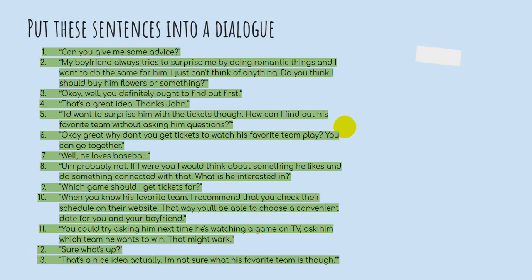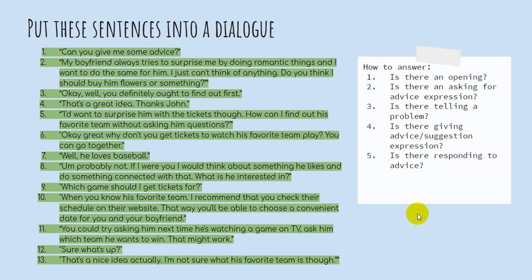Alright, if you find this kind of question in your exam, it means you have to put some sentences into a good dialogue. Something that you must do in the beginning is, from these sentences, please find the opening.